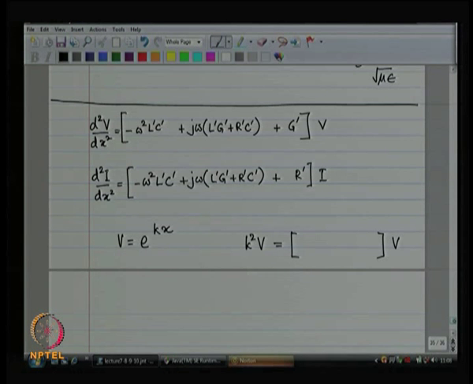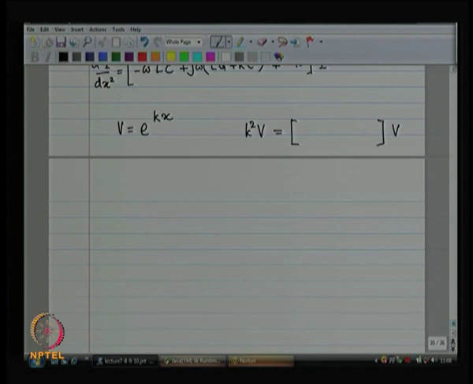So, what is the voltage finally going to be equal to? Finally, the voltage is going to be equal to e power the positive square root of this thing times x plus e power the negative square root of whatever is in the bracket times x. Okay. And this positive and the negative square roots, these are both complex numbers.